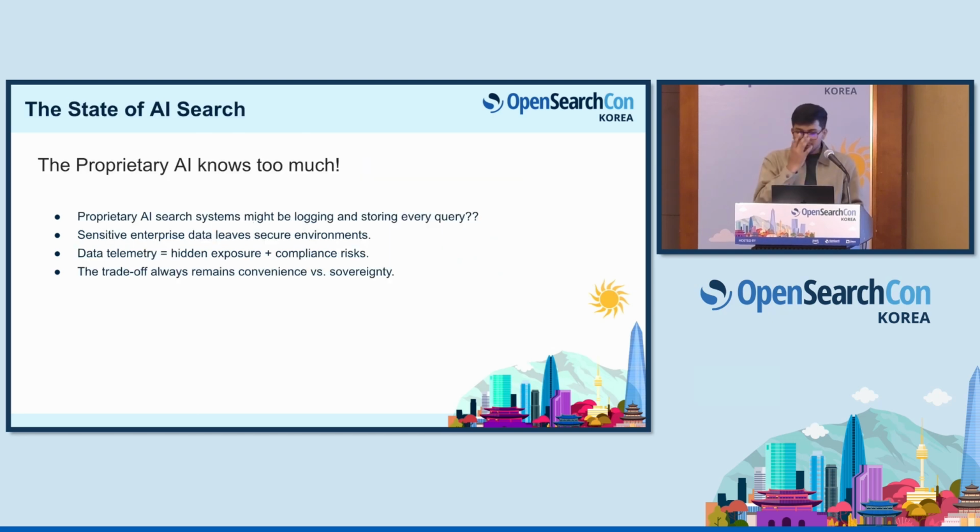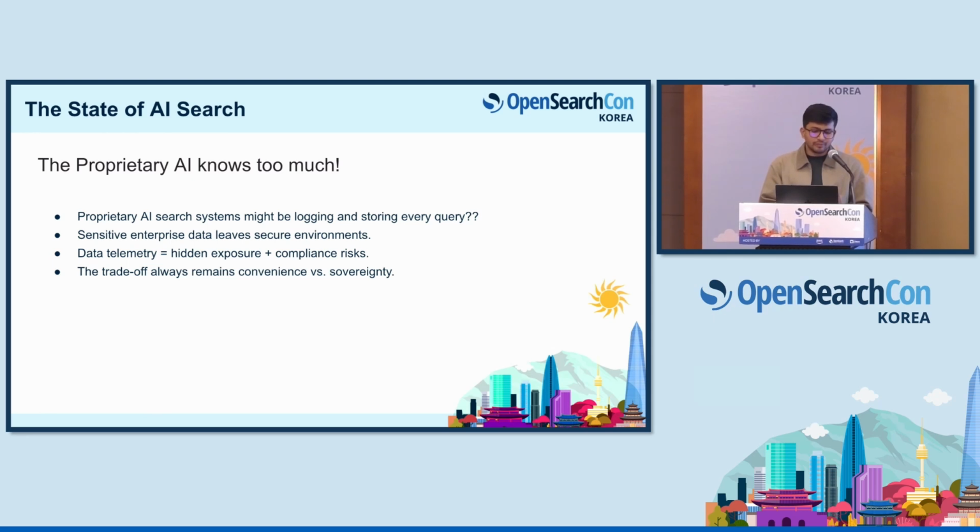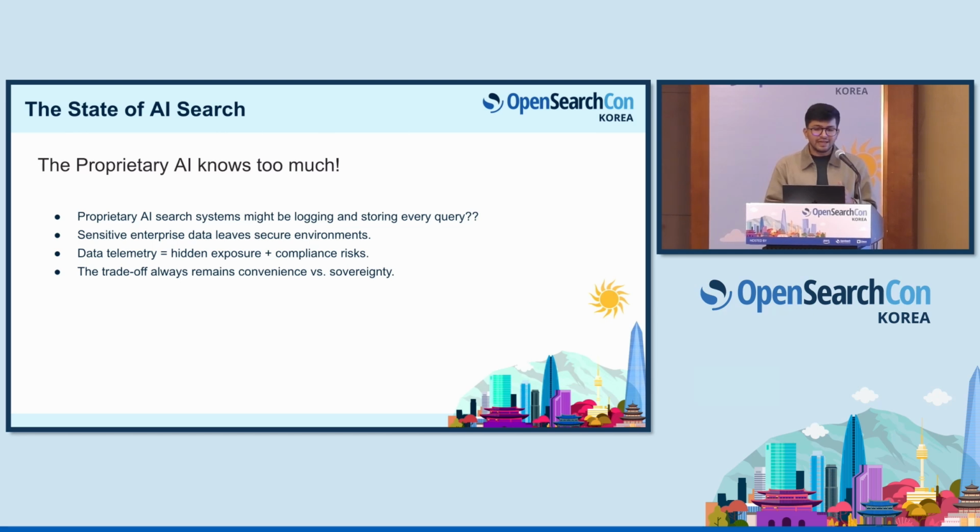So before we jump into the process of containerizing OpenSearch and running it on your premises or on your local devices, we should understand why exactly we want to do that. So, the state of current AI search.